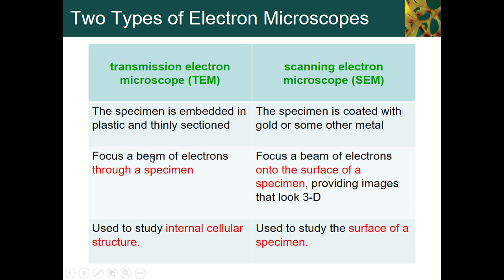In TEM, the electron beam is focused through the specimen. Meanwhile, in SEM, they focus a beam of electrons onto the surface of a specimen, so it provides a 3D image. Scientists usually use TEM to study the internal cellular structure, and SEM to study the surface, how the surface of the specimen looks.